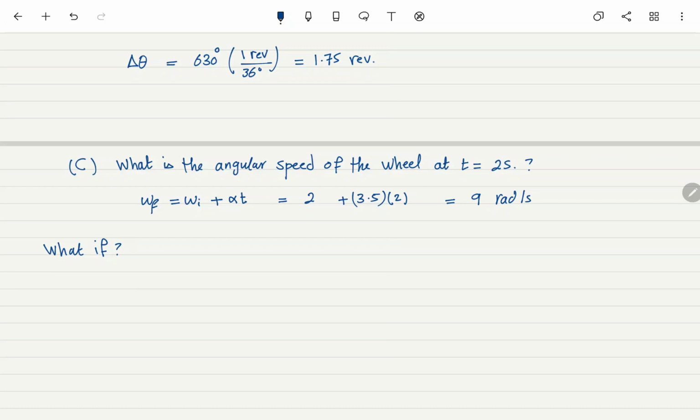What is the velocity of the particle at t equal to 2 seconds? Now if we use the same numbers as given in this example here, delta x will be equal to x final minus x initial, or equal to v initial t plus half alpha t squared.